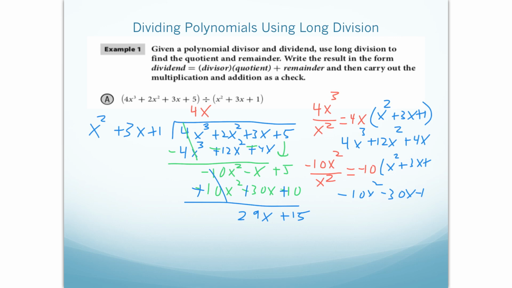Our answer is going to be the 4x, the minus 10, and this is our remainder down here. So we're going to write plus 29x plus 15, all divided by what we're dividing by in the first place, which is x squared plus 3x plus 1.